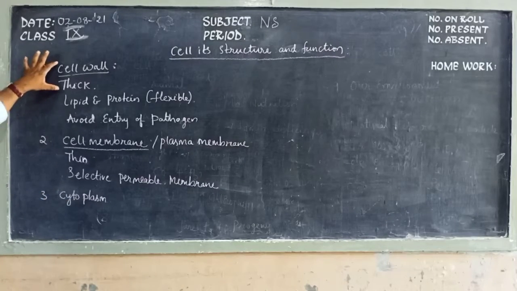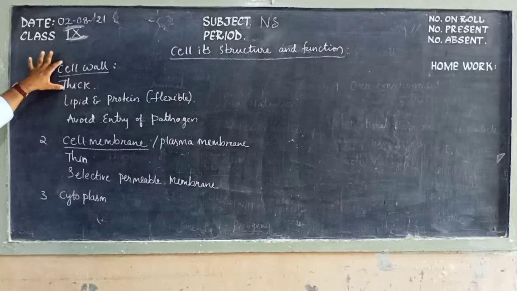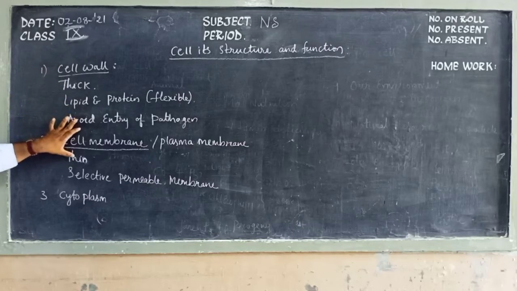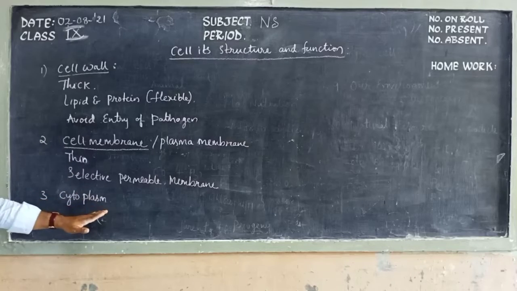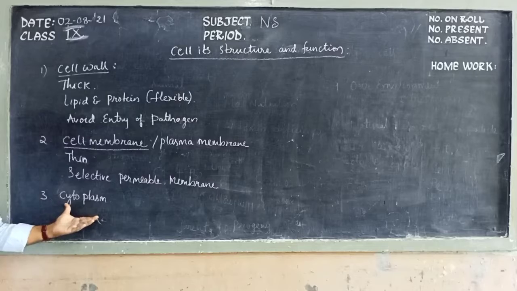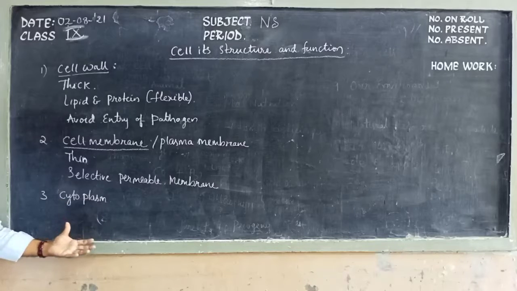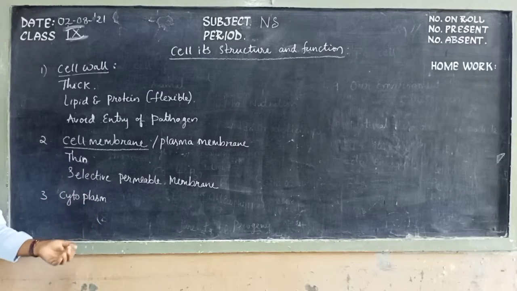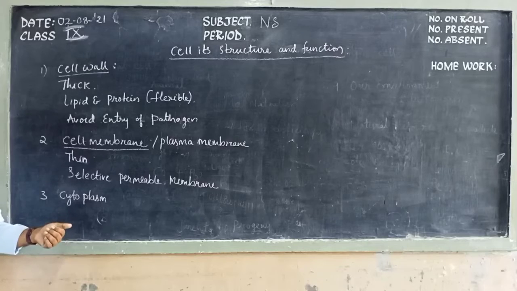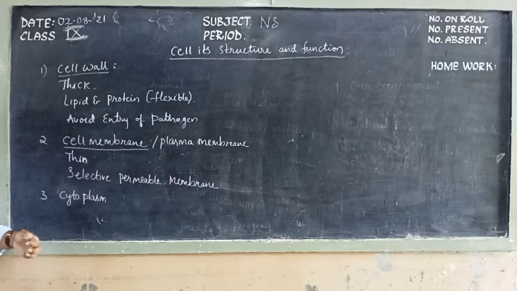If microorganisms enter through the cell wall, the plasma membrane won't help. If it allows them, this cytoplasm allows these pathogens inside the cell. The cytoplasm helps to avoid dryness of the cell organelles like the nucleus, endoplasmic reticulum, Golgi apparatus or Golgi complex, lysosomes, ribosomes, mitochondria and chloroplast.